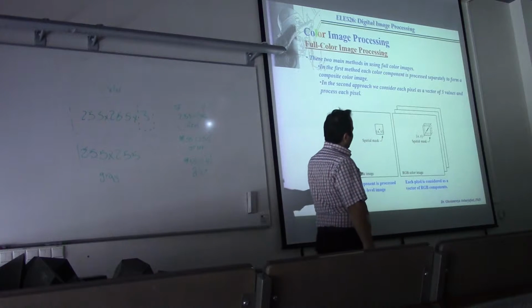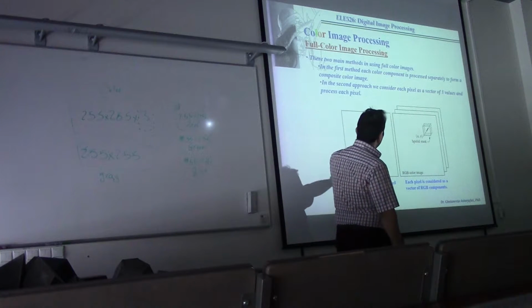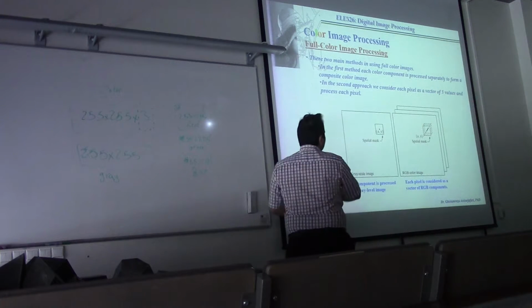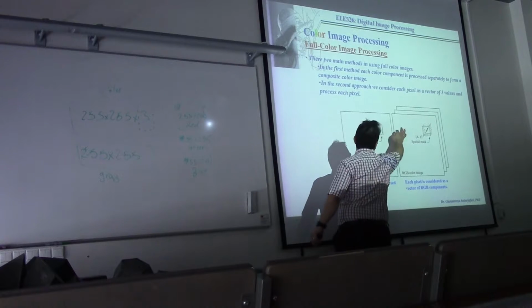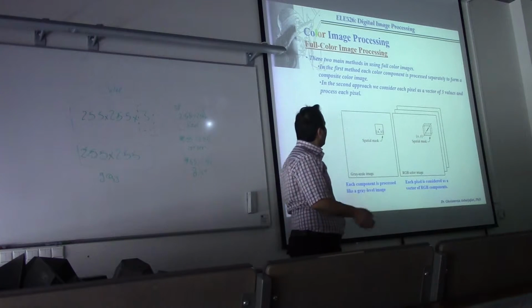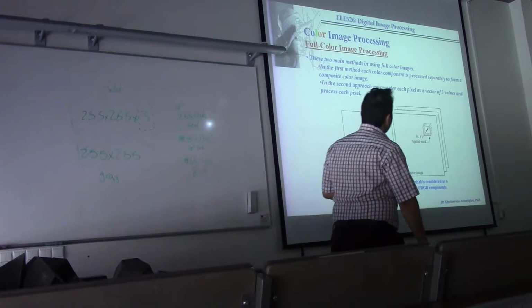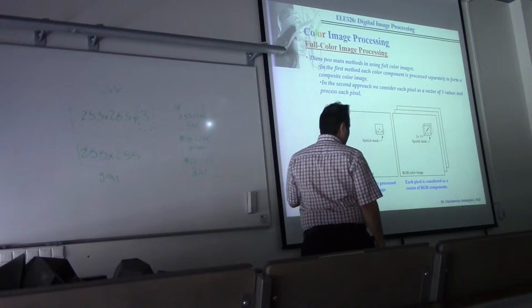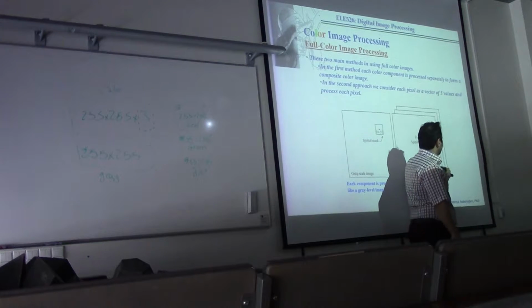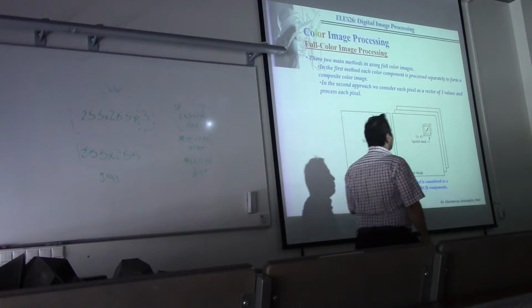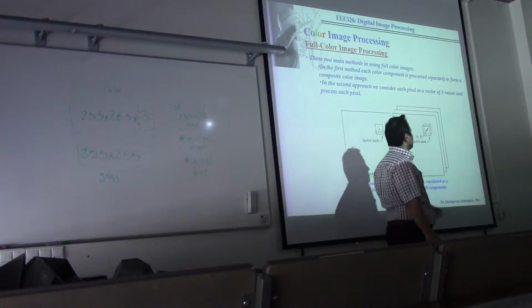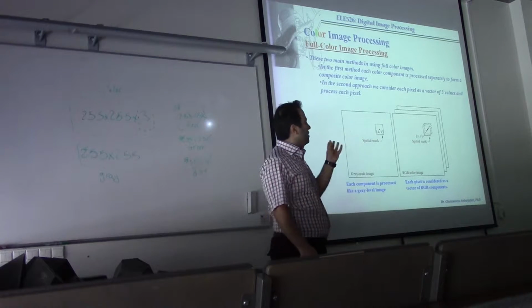As you remember when we talked about the grayscale image, we just used a mask on the image that goes from, for example, here to here, and we use this mask for some purposes such as smoothing or sharpening. When we have the RGB, we have to consider it as a vector.